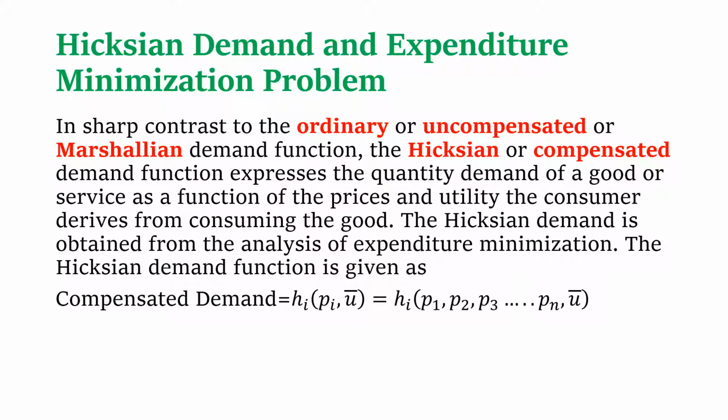The difference between these two is that the Hicksian demand function expresses the quantity demanded of a particular good as a function of the prices and utility, whilst the Marshallian ordinary demand function expresses the quantity demanded as a function of the prices and the income of the consumer.